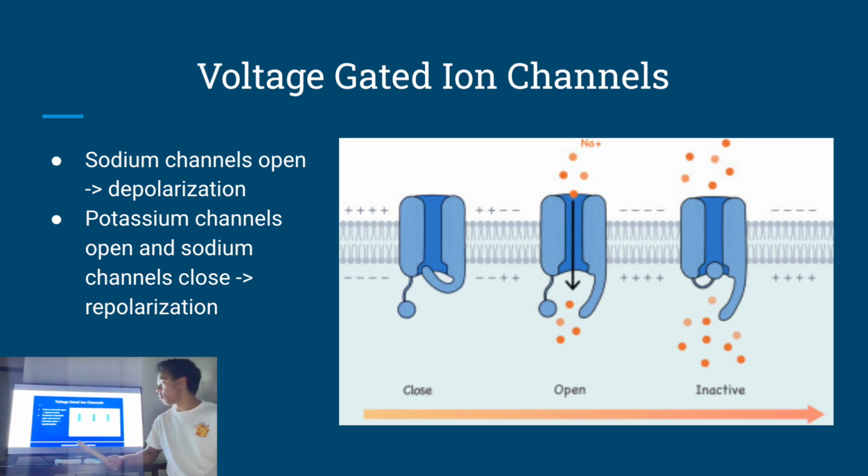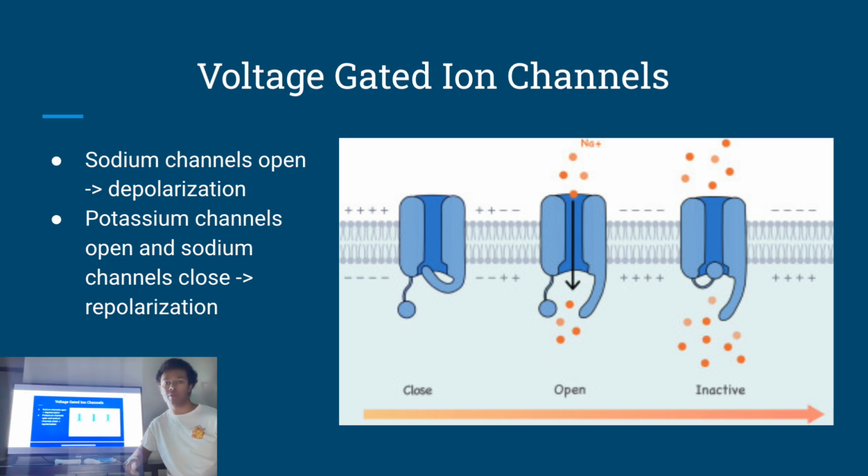This will cause depolarization in the neuron as the membrane potential becomes increasingly positive. So because sodium is a positive ion, having a rapid influx into the cell will depolarize the neuron and make it more positive. After some time, between 0.5 and 1 milliseconds, the potassium channels will begin to open as well, causing potassium to efflux out of the cell and reverse this depolarization process.